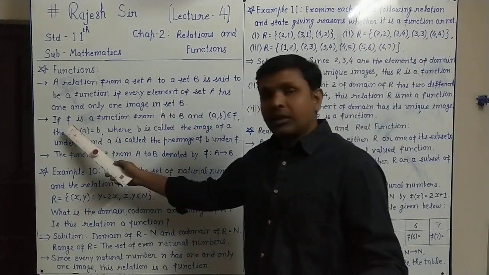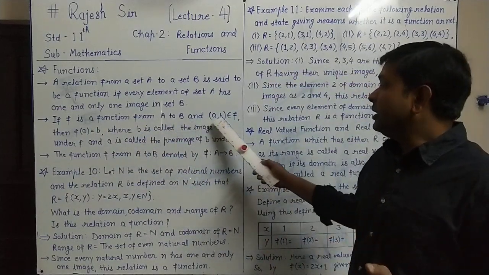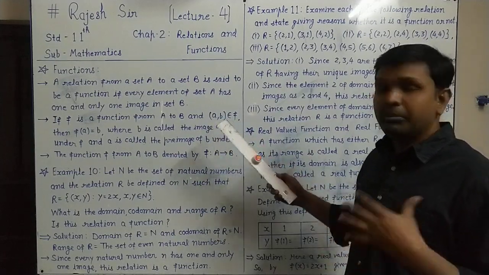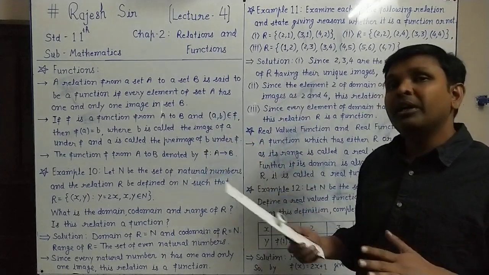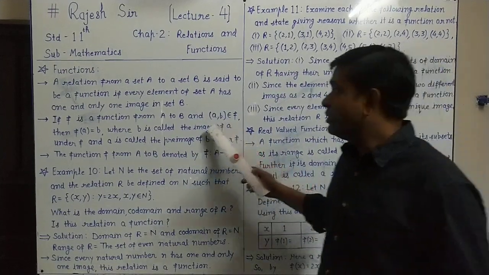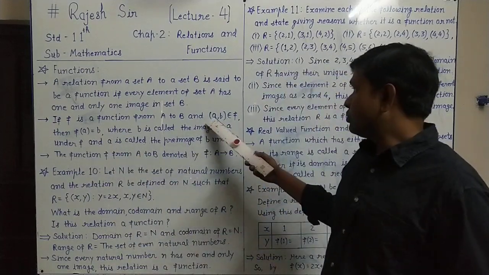If f is a function from A to B and (a, b) belongs to f, the ordered pair of two elements, then f(a) = b.